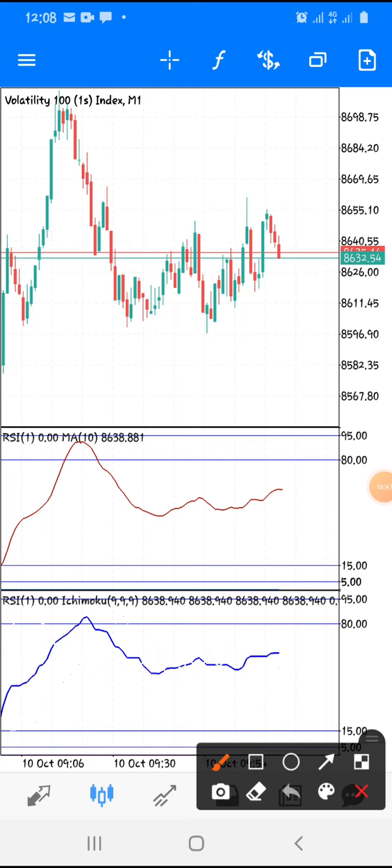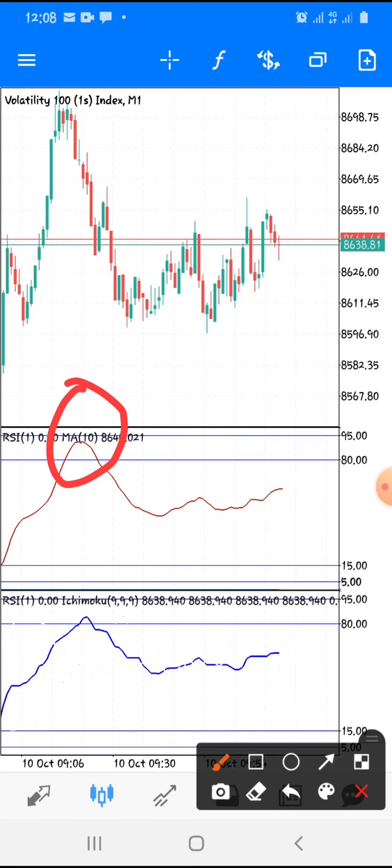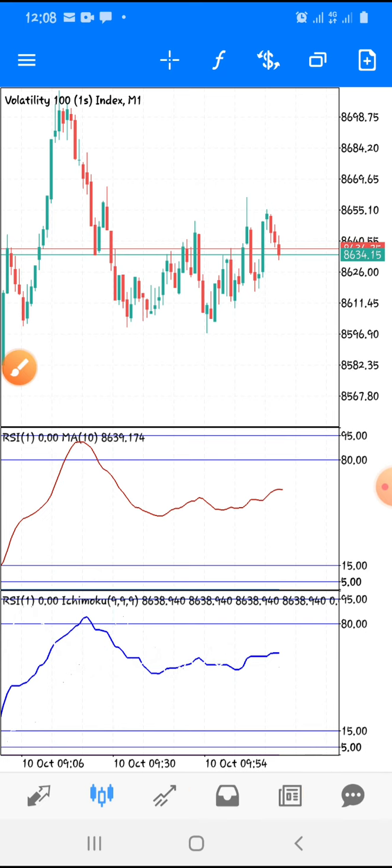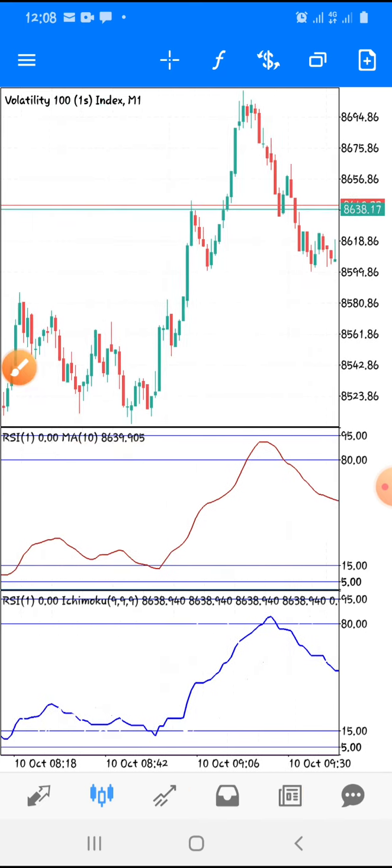Here, if you can observe closely, when the moving average is in between 80 and 95, this area, and also the Ichimoku is in between 90% and 80%, or below this area, then you can take your sell.